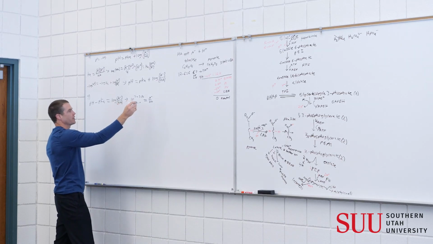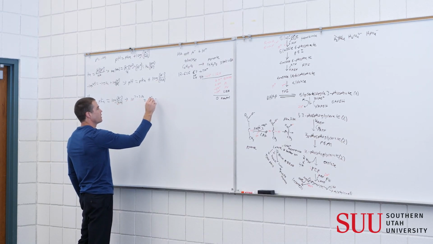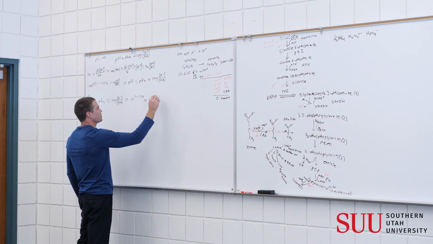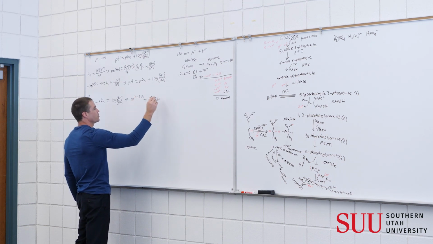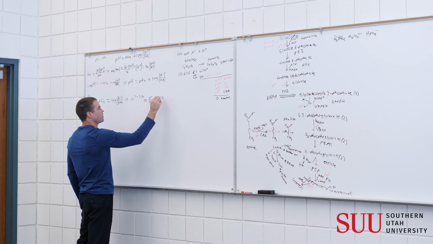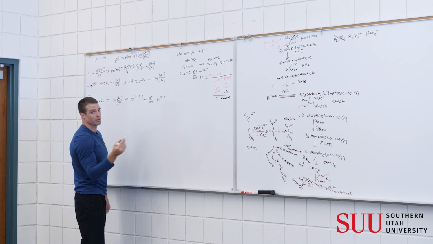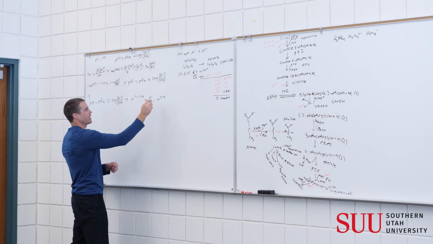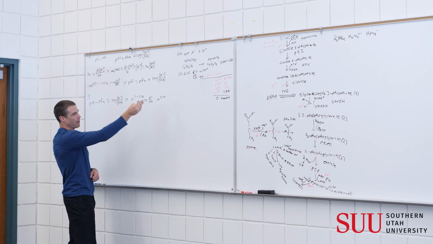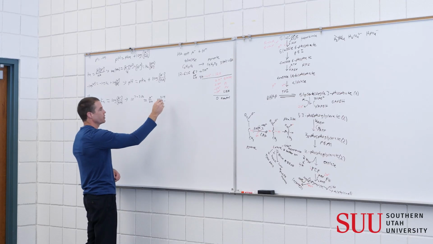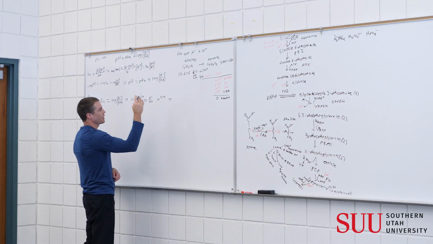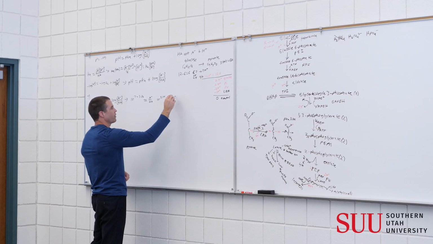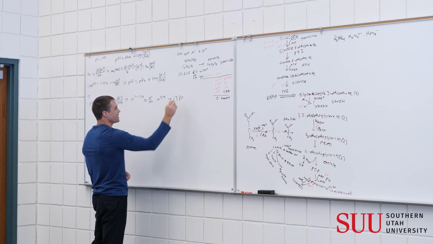So 7 minus 3.86 would be 3.14. Oh, that's pi. Okay, so we have pi. And now we take 10 to the power of 3.14, and what do you get? Well, 10 times 10 is 100, times 10 is 1,000, so you get like 1,380.